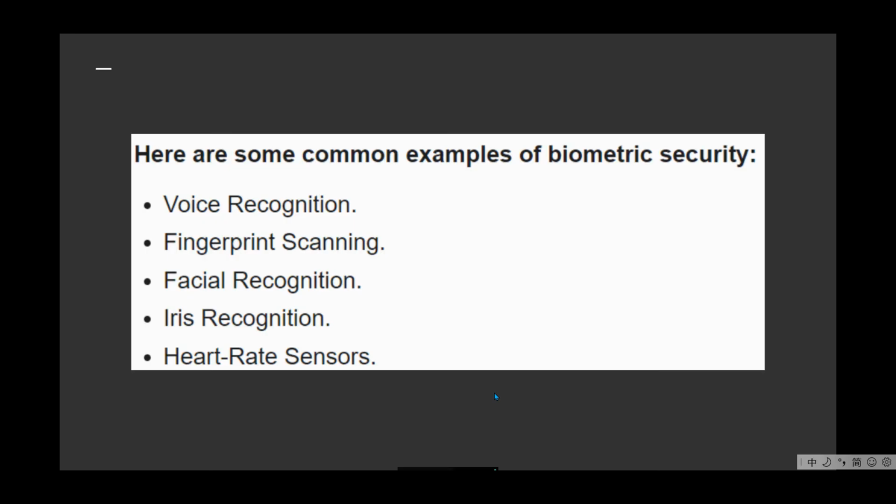Some people want to know whether we have other ways to recognize a person. Of course we do. We have voice recognition, fingerprint, iris, heart rate sensors, but those ways have shortcomings. For example, if we only use fingerprint scanning, let's say we need to arrest a bad guy in a train station.